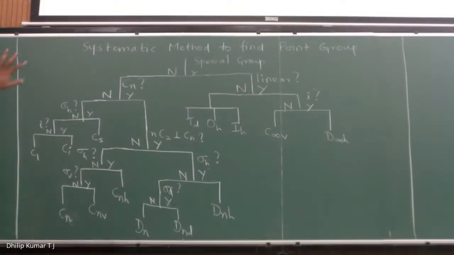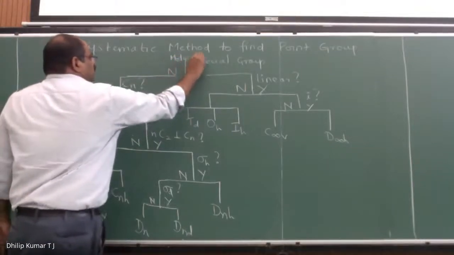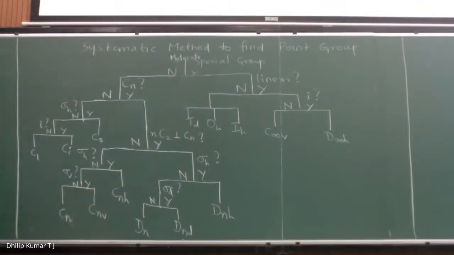I think this is a flow chart to find out systematically the point group for a given molecule. Okay, you start with the molecule here. Any molecule, check like this, then you can find out. Okay, it's visible.